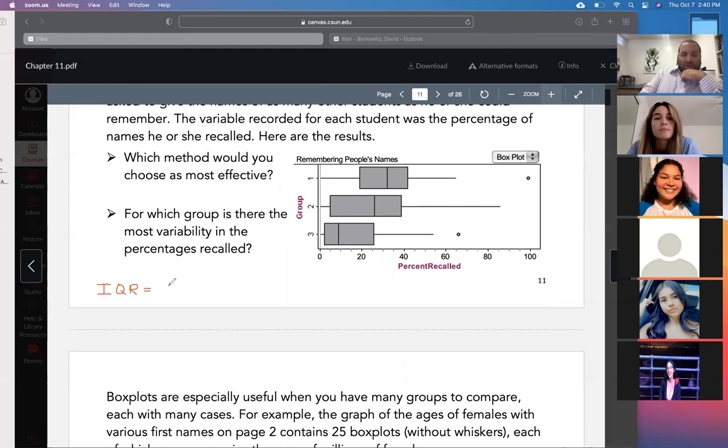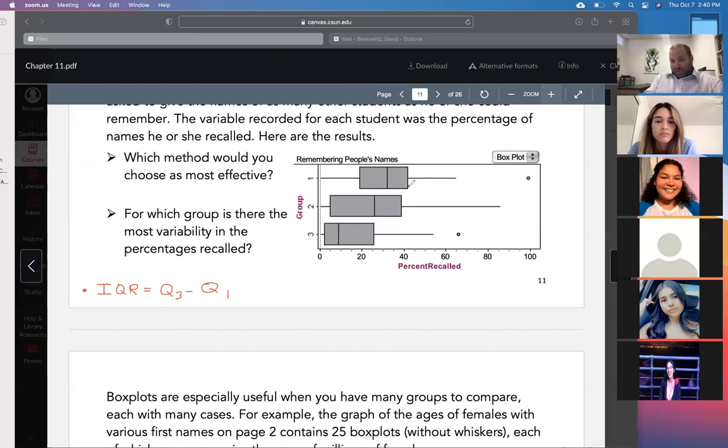The IQR is called the interquartile range, and it is the distance from Q1 to Q3. It's Q3 minus Q1 because we want a positive number. This is not hard because if you're going to make your 5-number summary, then we have Q3 and we have Q1.